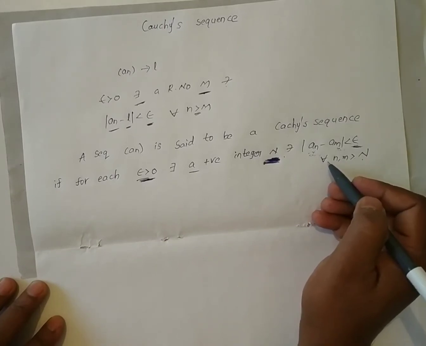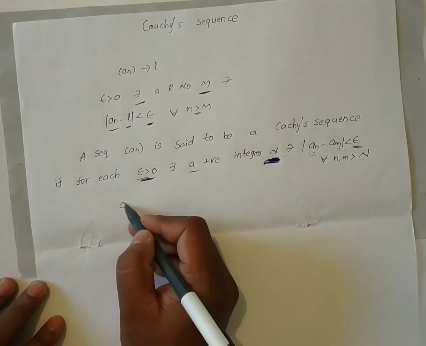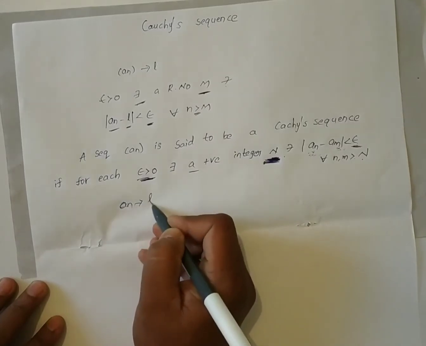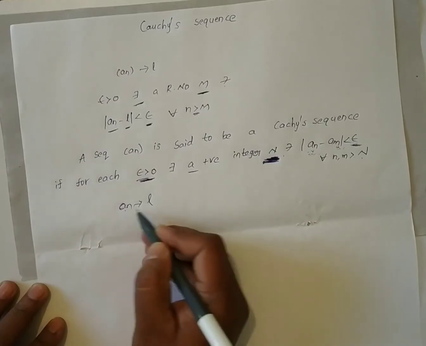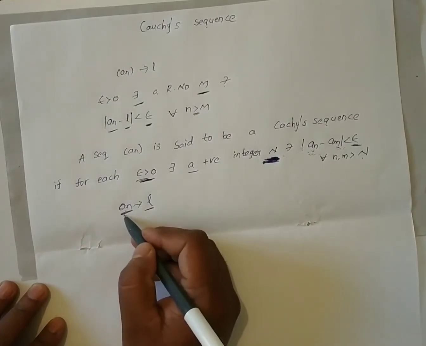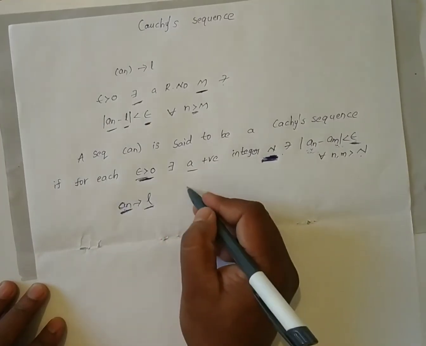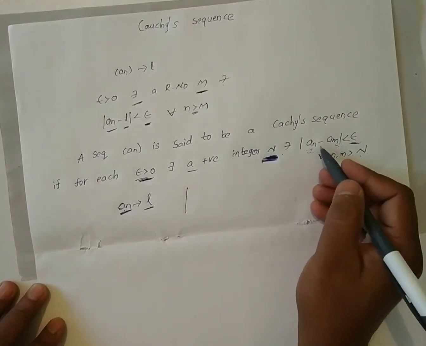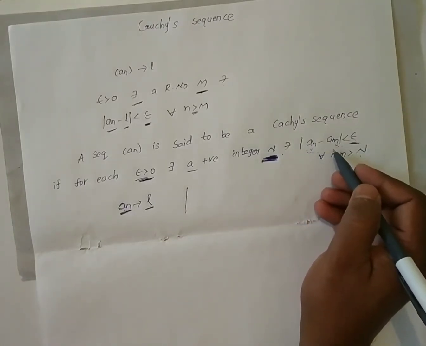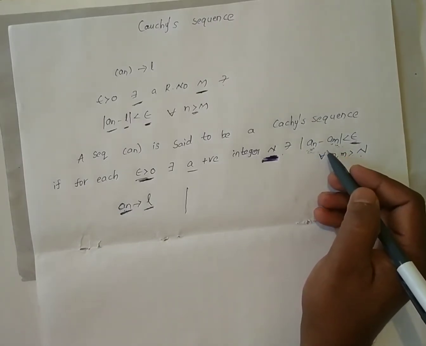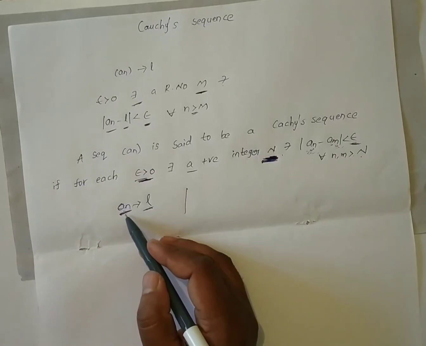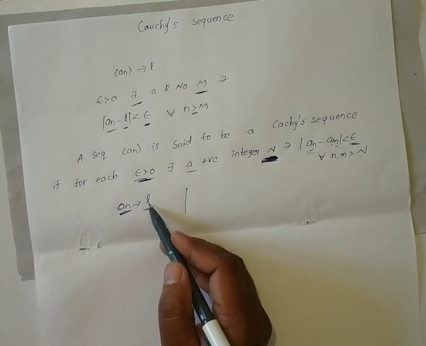So here convergent sequence is related to a sequence and the point L. Convergent sequence means it is related to a sequence and a limit point.